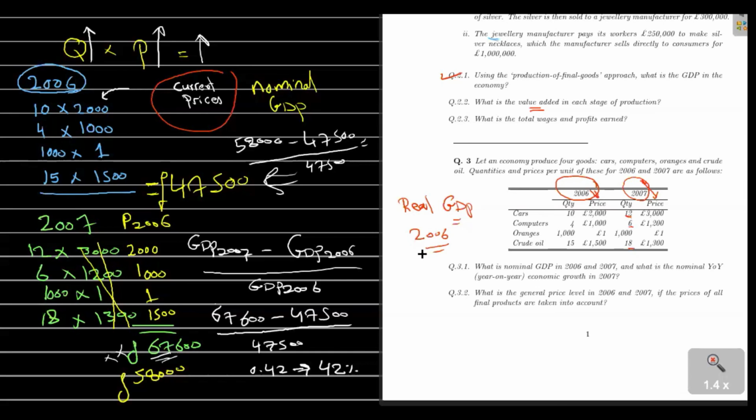Just assume prices have not changed and try to calculate the real GDP. That will give you how much output has changed over that time period. So hopefully that makes the point clear.